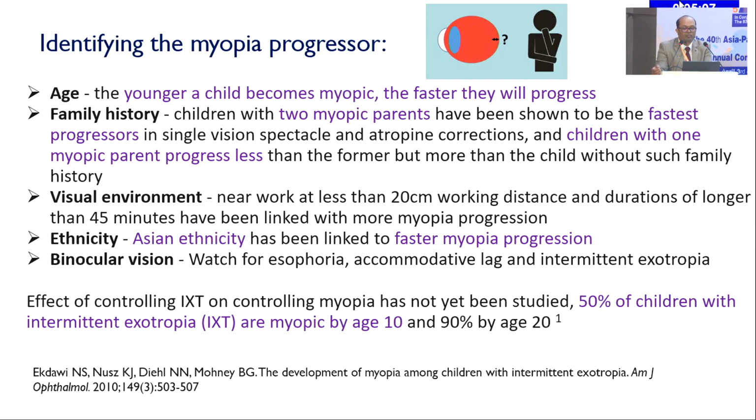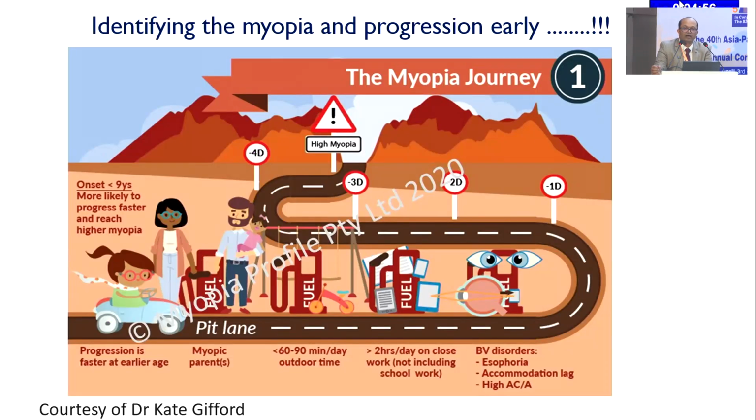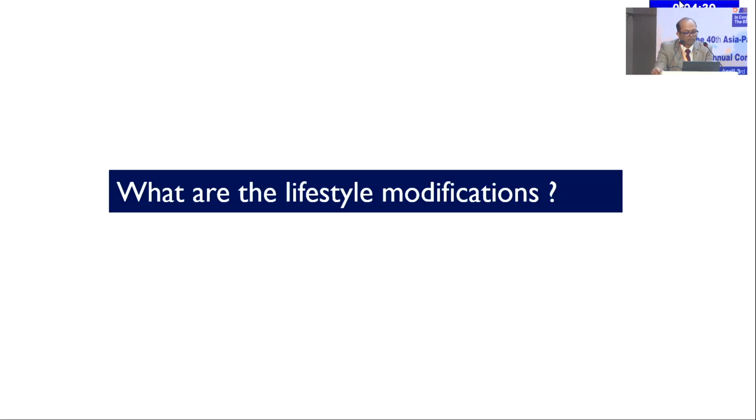There are certain studies which say Asian ethnicity is also at risk of faster myopia progression, and again the binocular vision. I think this is very important. With the courtesy of Dr. Gifford, if you see this particular photograph, it will help you understand how important the journey is to curtail or slow down myopia progression.